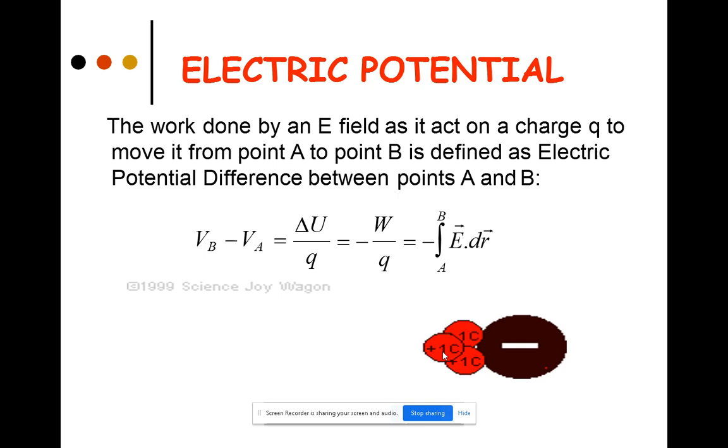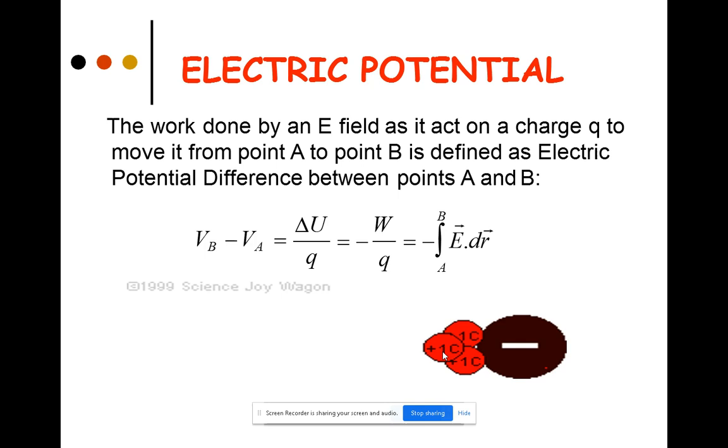So what is work done actually? What is work done? When you move a charge from point 1 to point 2, that is called work done by the electric field.